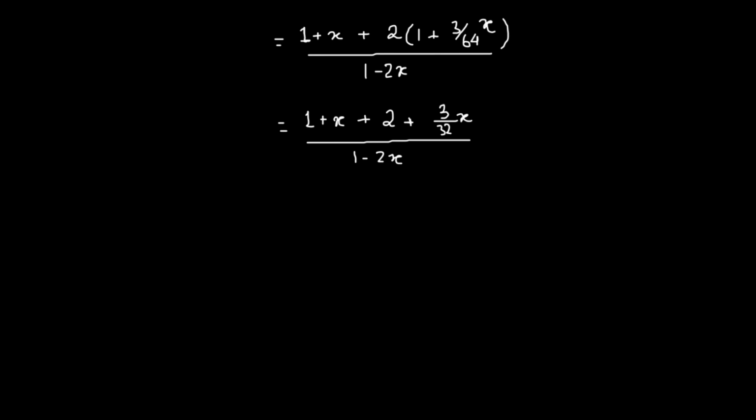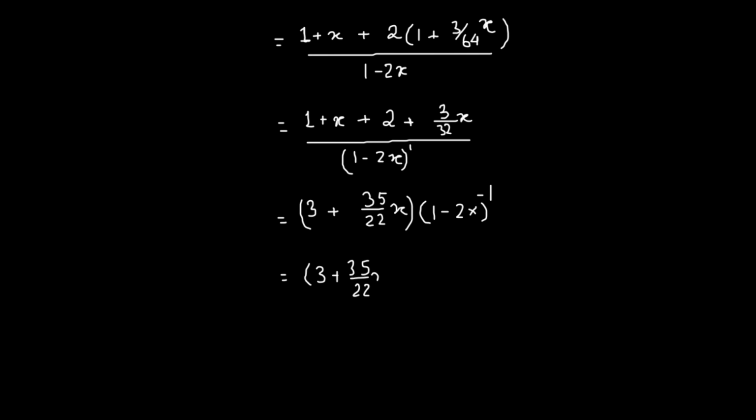Now we combine the like terms in the numerator, that gives us 1 + 2, which is 3, plus x plus 3/32 gives us 35/32 times x divided by, now we have 1 - 2x in the denominator, which when we bring it up to the numerator becomes (1 - 2x) raised to the power of -1. Now we have 3 plus 35/22 times x.